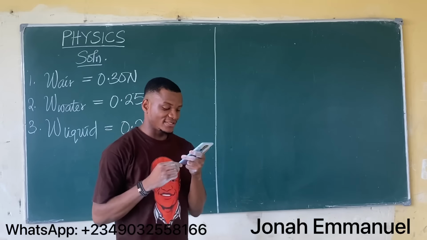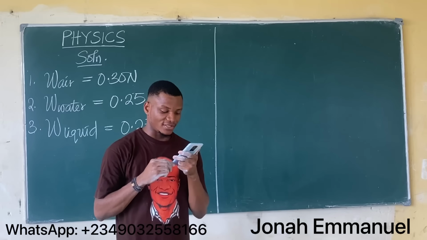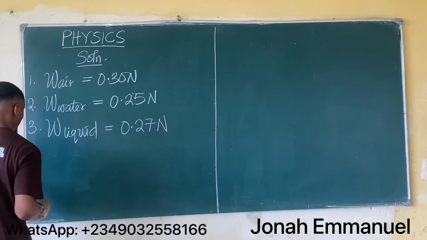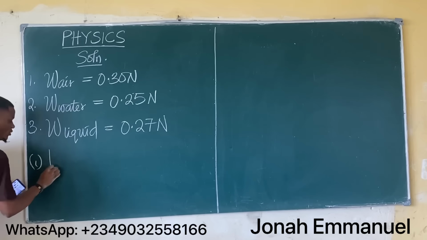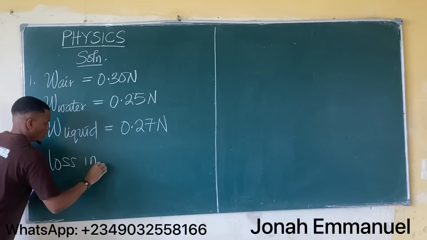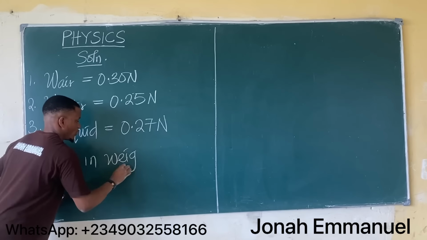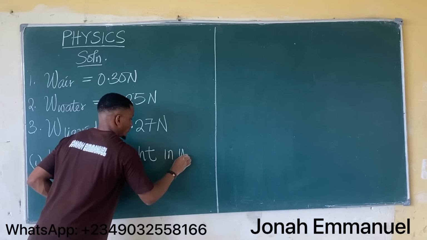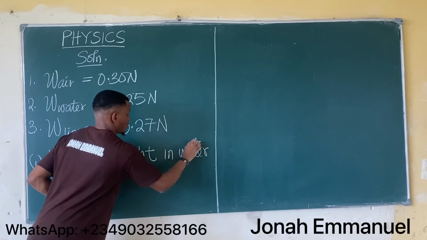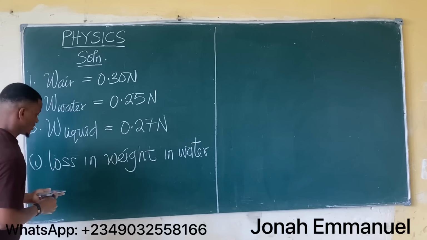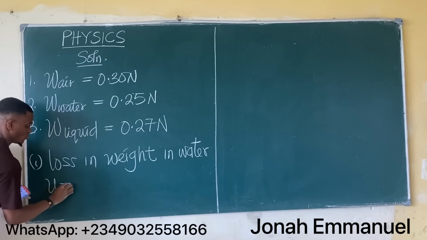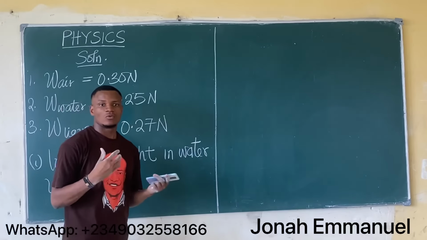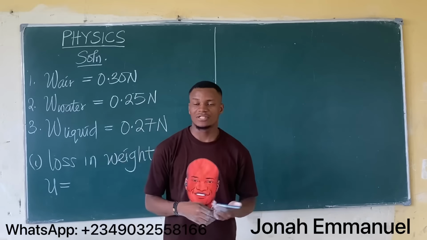The A part says calculate the loss in weight in water. The loss in weight in water is the upthrust. We said loss in weight is simply weight in air minus weight in water.